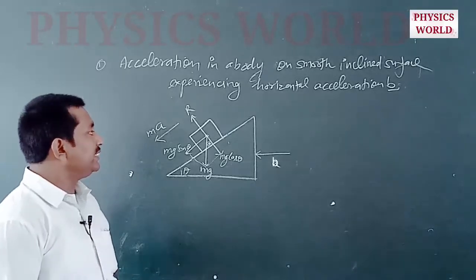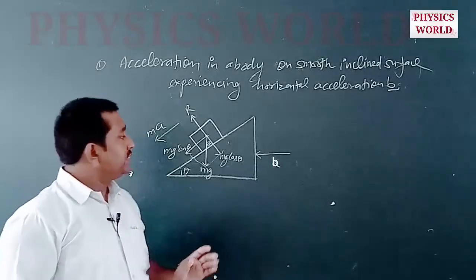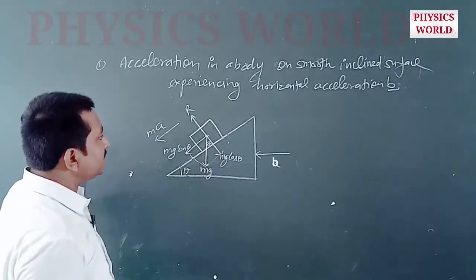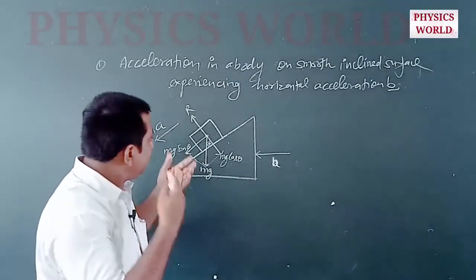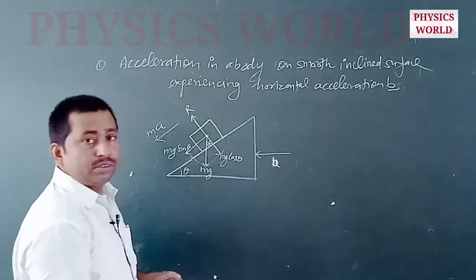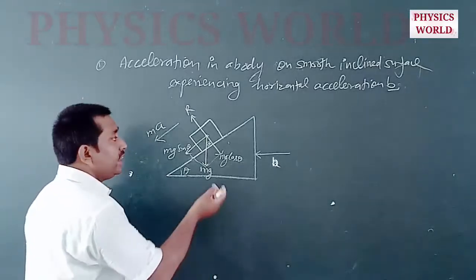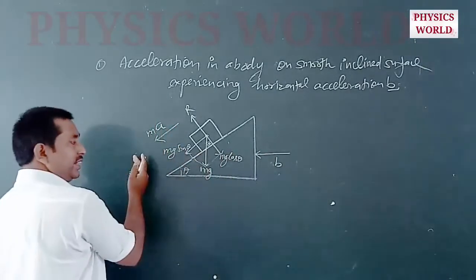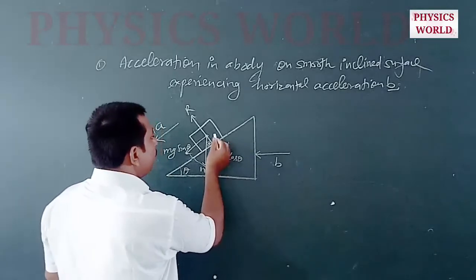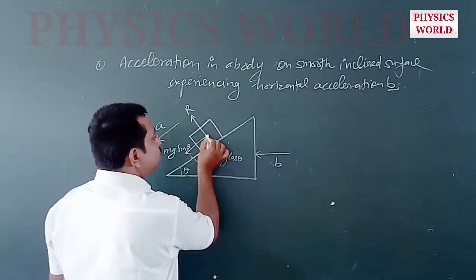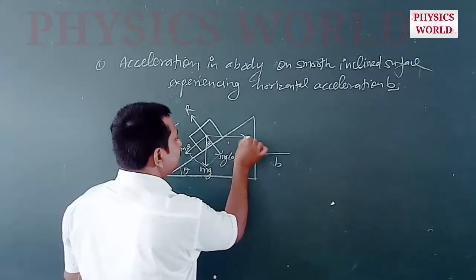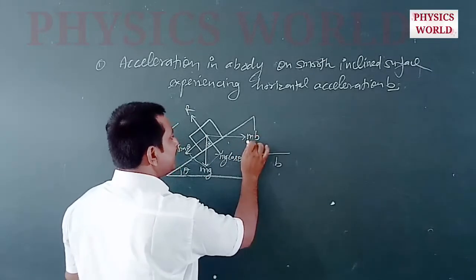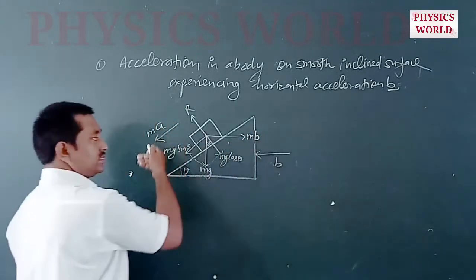If you consider that the body will move along this direction with its plane, then what will happen? If there is an acceleration b acting on this surface, then the body will experience another force acting in this direction, and this force will be equal to m multiplied by the acceleration acting in this direction.